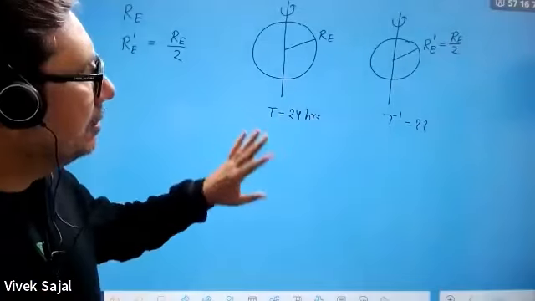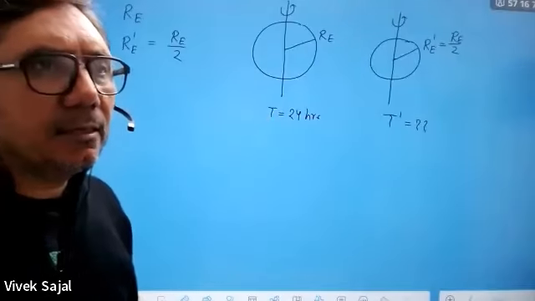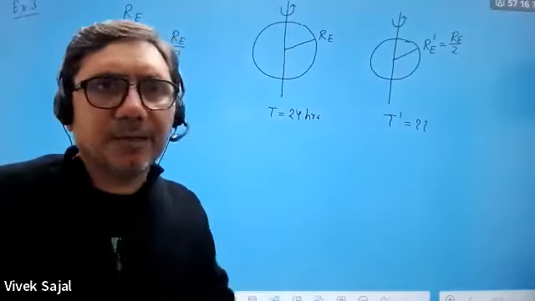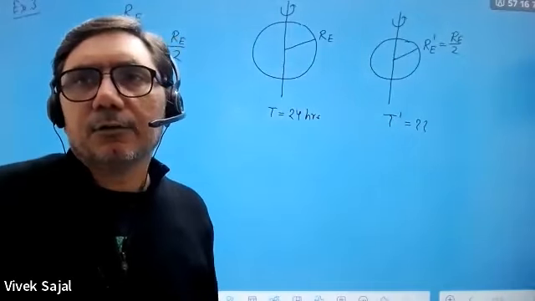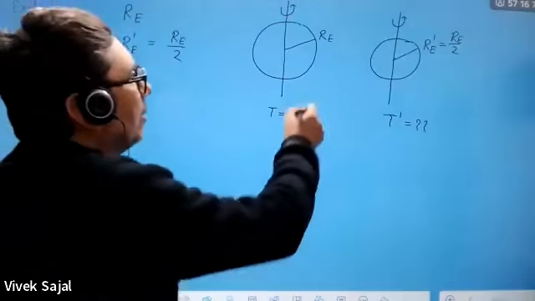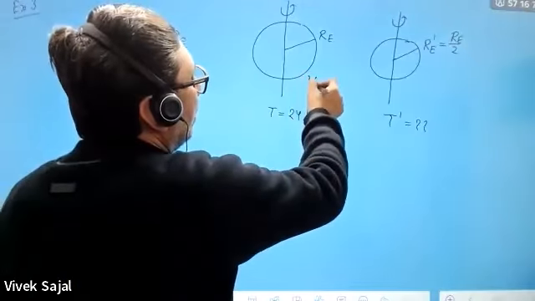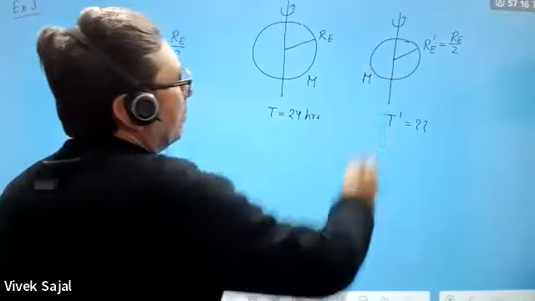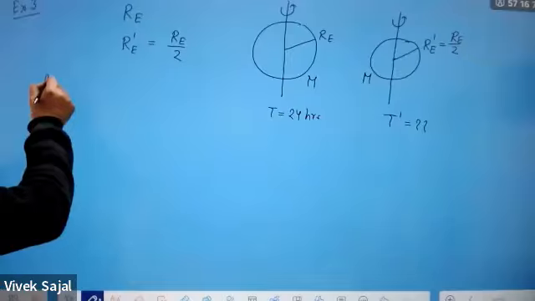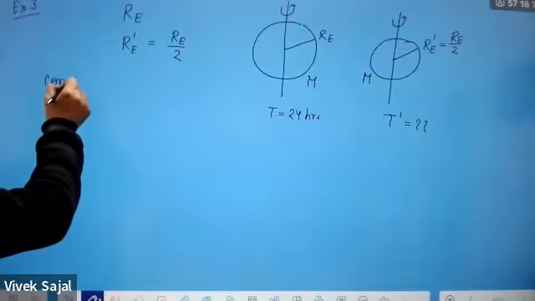No external force or torque acting on the system is mentioned in the question. So angular momentum will remain the same. Mass here is m, mass here is m. So apply the conservation of angular momentum.